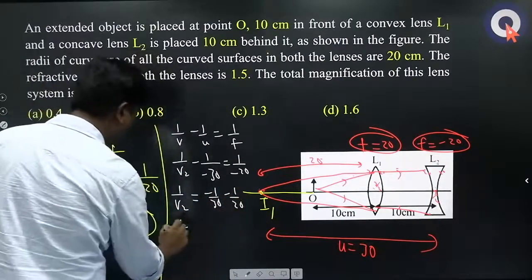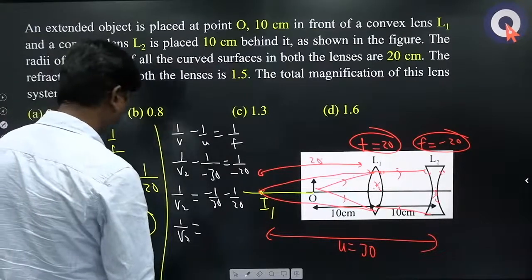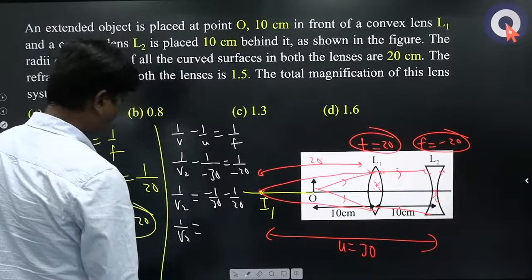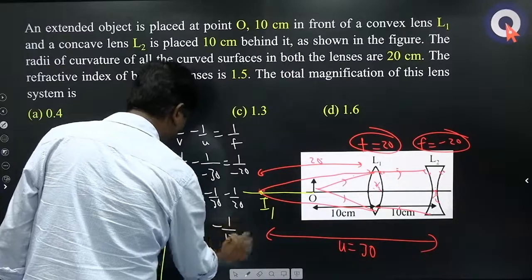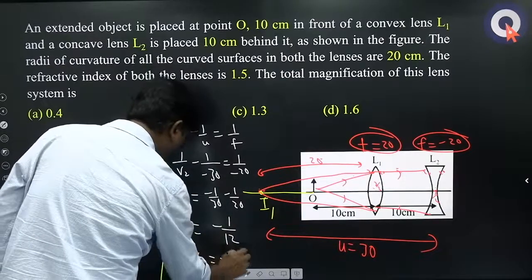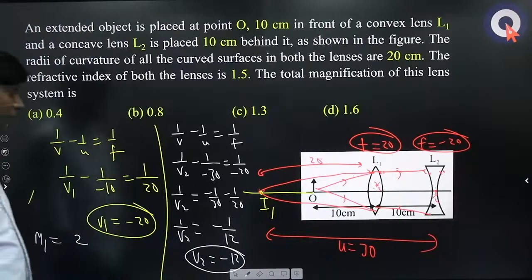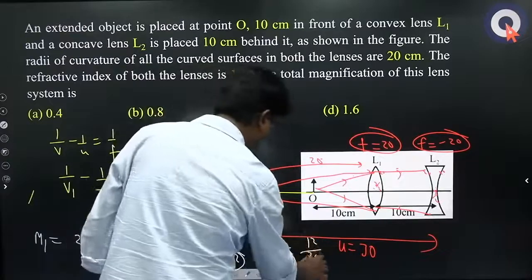So come on. The common denominator is 60, so minus 2 minus 3, minus 5 by 60, which is minus 1 by 12. So v2 is going to be minus 12. Yes. So magnification m2 will be v by u. v is 12, u is 30.